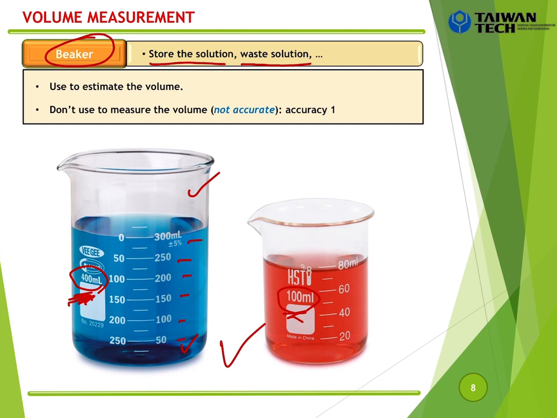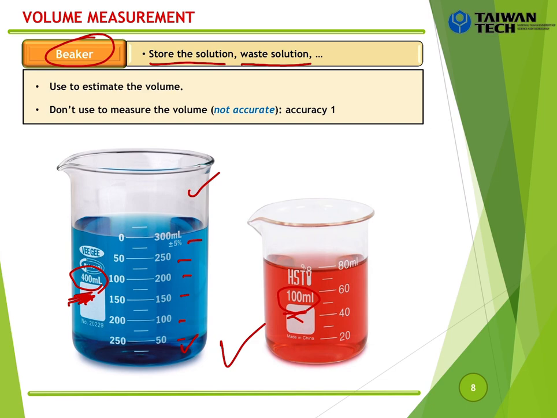We don't use the beaker to measure the volume of the solution for your experiment, okay? Because the beaker will provide a really low accuracy value, okay? So from here they give you the numbers just for your reference.